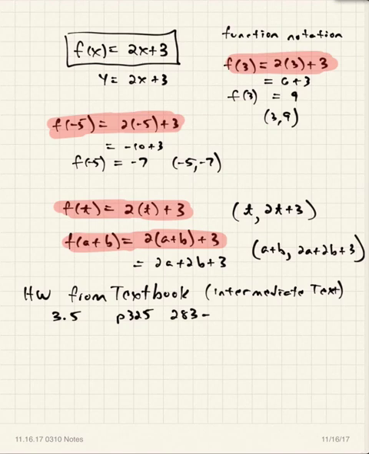It sounds like a lot of problems, and I'm not necessarily expecting that you do all of these, but any of these odds would be great practice. The more of those odds you can get done, the better off you are as we proceed. And we will talk more about functions and graphs of functions next time.